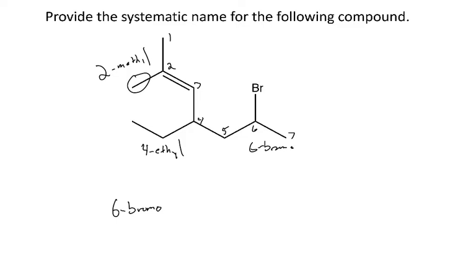Next alphabetically would be the ethyl, so I have 4-ethyl, 2-methyl, and then it would be 2. We said there were 7, so it's heptene. All right, and then we want to check if we have E and Z isomers, but both groups coming off this carbon number 2 are methyls, and so we don't have E and Z isomers in this case, and so this would be the complete name.